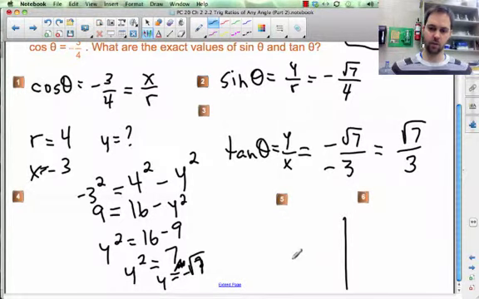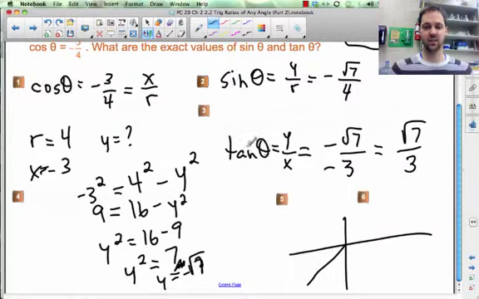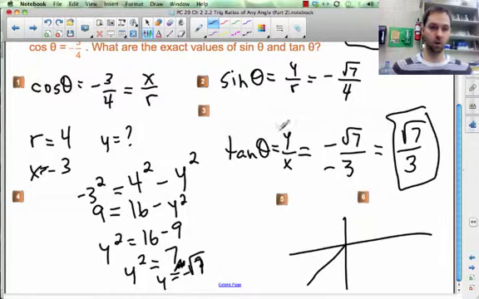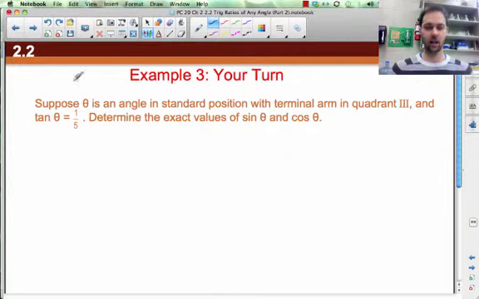If you think about an angle in quadrant 3, it would look like this, and since it goes up from left to right, it would have a positive slope, and since tangent is the slope of this line, we should end up with a positive value, which we did, so that's great.